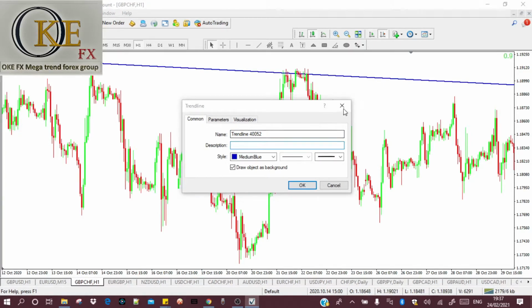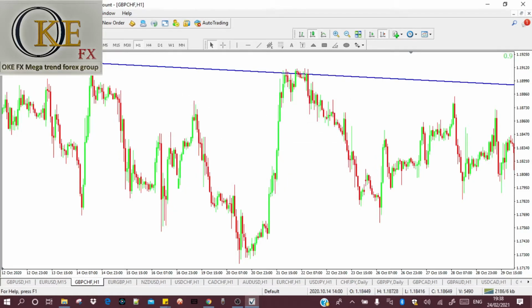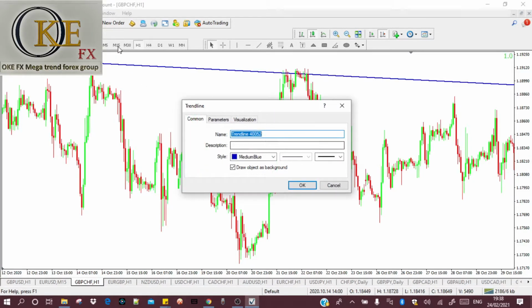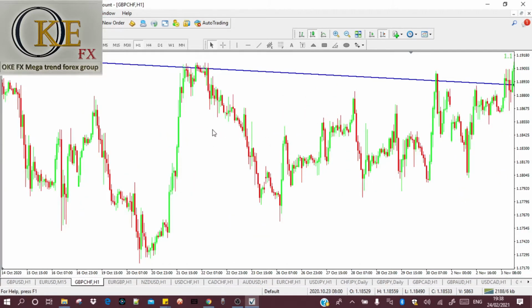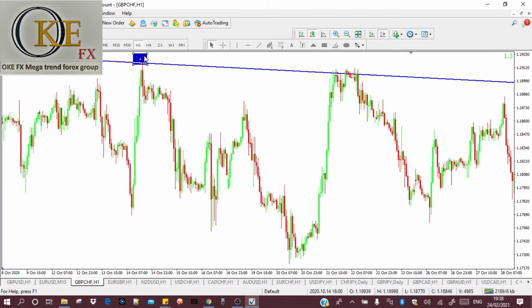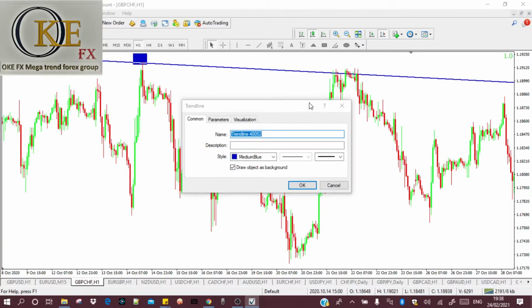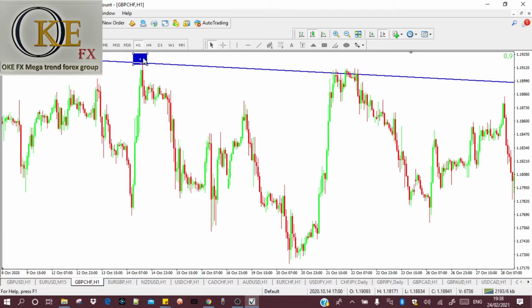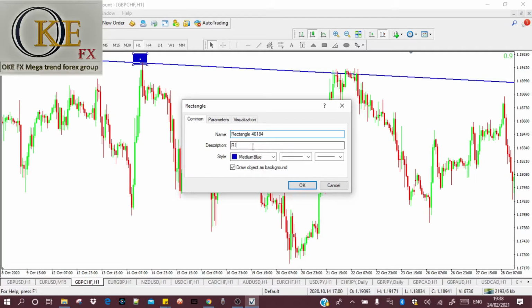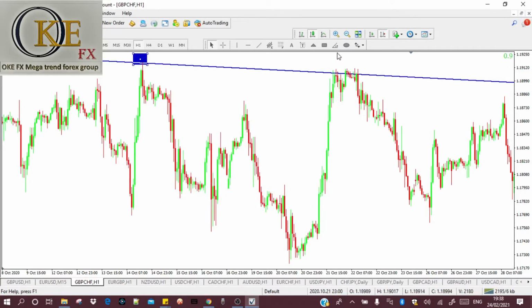No, this is the trend line. Notice what happened. I'm still selecting the trend line. Okay, so now I can just right click, please, to save time, because it's not really coming. So resistance 2, and then the next one we have is resistance 3.